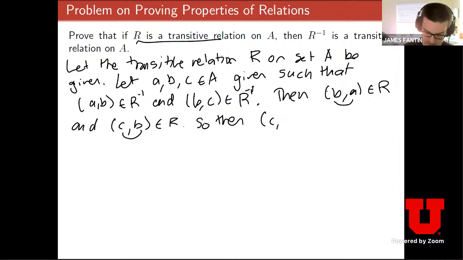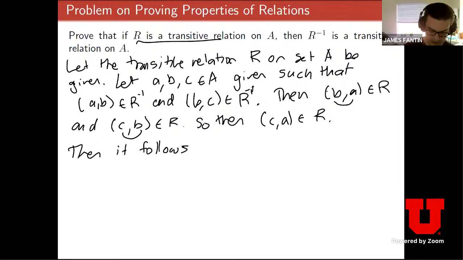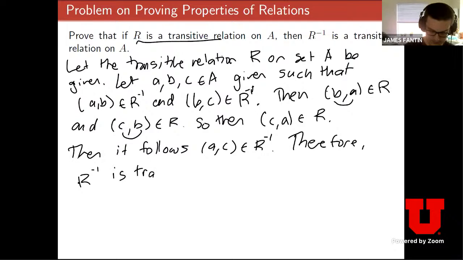So (c, a) is an element of R. And then it follows, using our inverse relation, that (a, c) must be an element of the inverse. So therefore, we've shown that R inverse is transitive. Any questions on this proof?